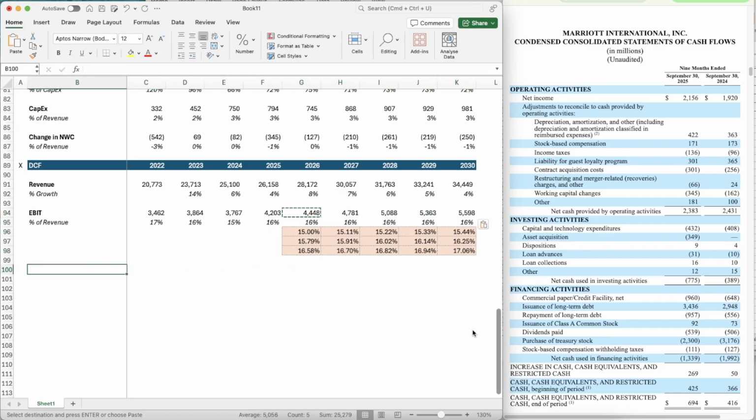Next one is other taxes. And this one we have to link dynamically because as we simulate different EBITs, we want the taxes to update. So that was percentage of EBIT. So percentage of EBIT is your tax rate.